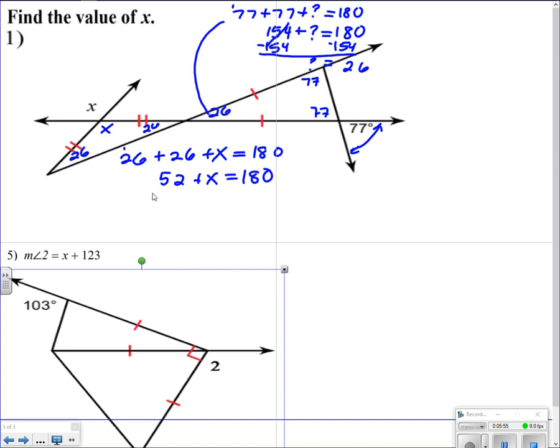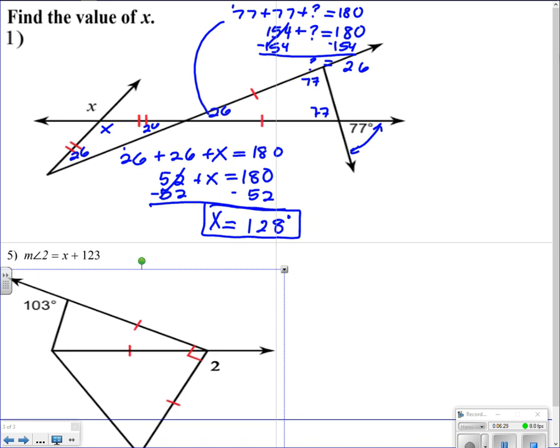Get the x by itself: minus 52. So angle x is 128 degrees. Okay, that's how you find it. To do this problem, you have to use a lot of ideas, a lot of concepts in one.